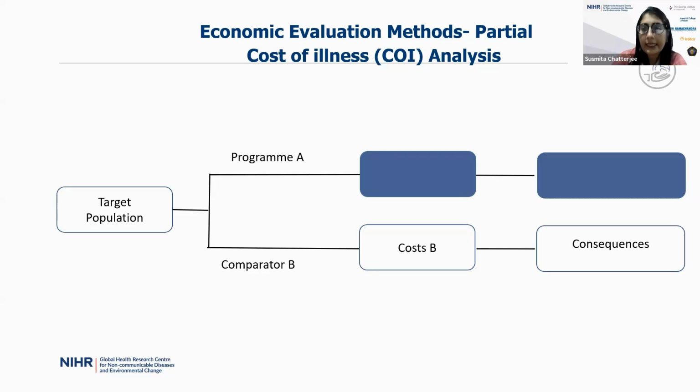But in this case, for any disease where you work, you can do a cost of illness study where you will be estimating the cost and related consequences of that disease, and you are not comparing with anything. Because you are not comparing with the alternative, this is again a partial economic evaluation, but this is a method of economic evaluation.